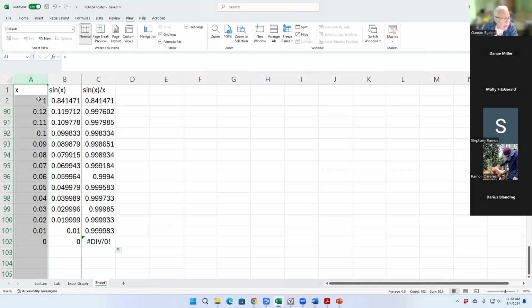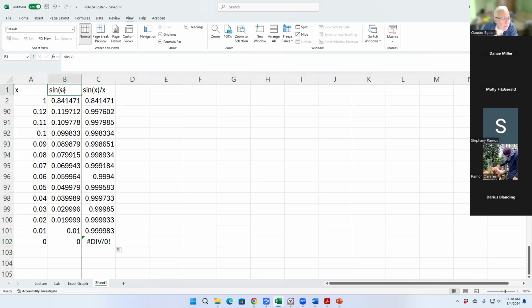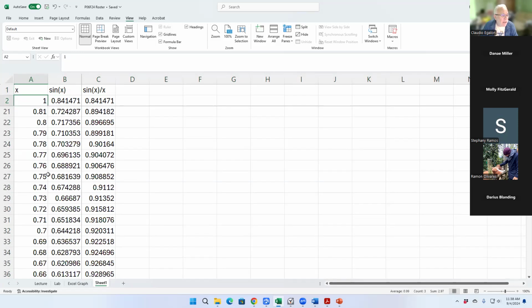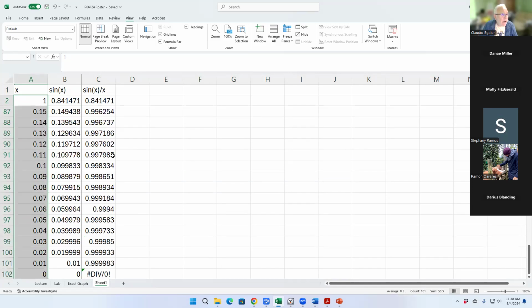Okay. And then I want to know what sine of x divided by x is all about, right? As you go towards 0. I calculate sine of x for all those values of x as we move closer and closer to 0. Okay? But then, is there like a coding thing that you have to do? Or do we just type in?